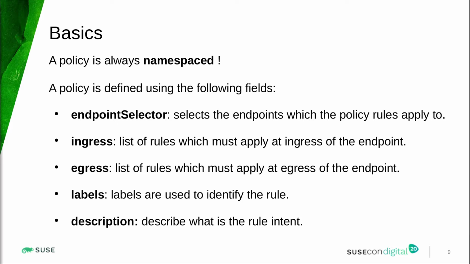Here you will set a list of rules that you want to apply to this selected endpoint. Then it's optional, but a common best practice in Kubernetes is to define labels, so then you can get this type of rule using labels. And then you also have the description. This is also optional, but it's highly recommended.